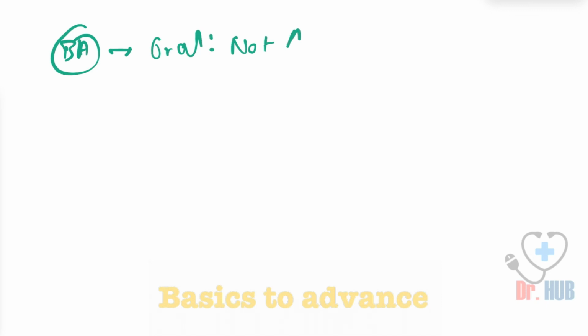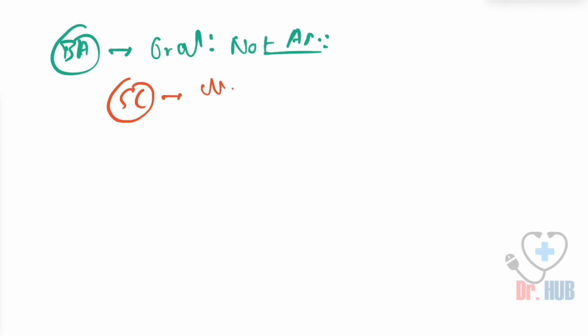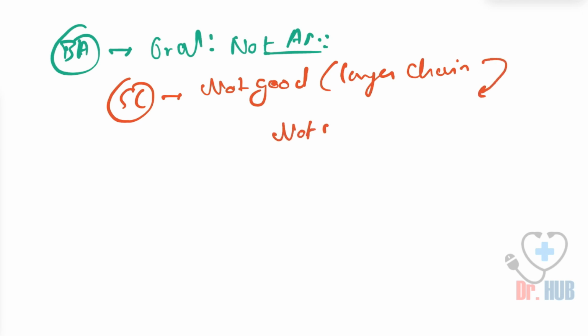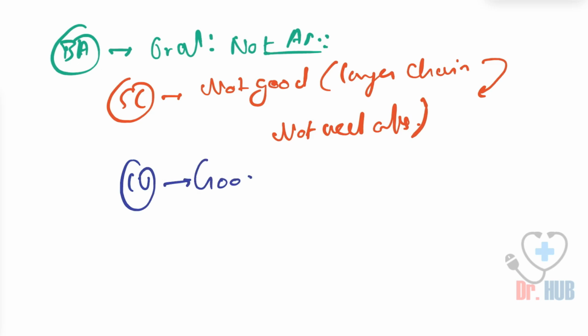By the SC, that is subcutaneous route, it is not good, and the longer chains are not well absorbed. This is another feature. Next we look at IV. The IV route is good.